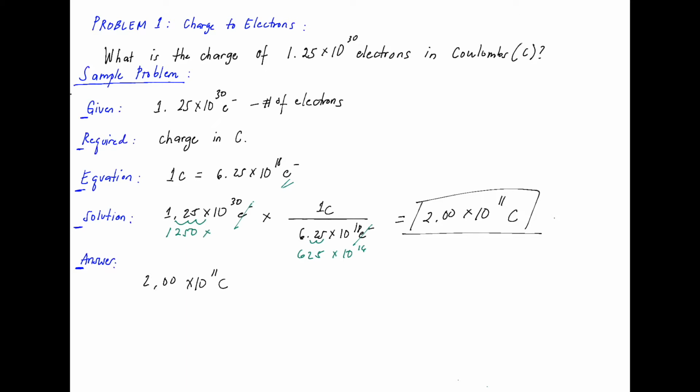And then this would become times 10 raised to 27. So from 30, then 29, 28, 27. And then 1250 divided by 625 is 2 times 10. And from here, 10 raised to 27 divided by 10 raised to 16 is 11. So the final answer, we got the same answer, 2 times 10 raised to 11 coulombs.